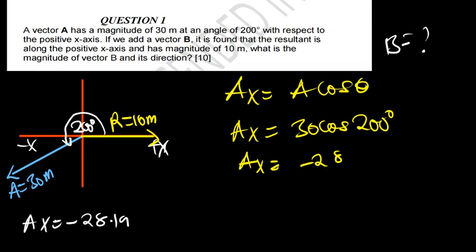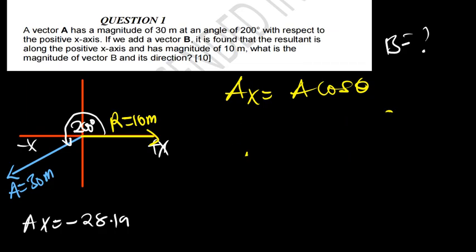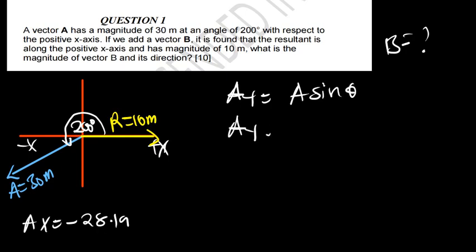For the same vector, we need to find the y component. I'll go ahead and say the y component is supposed to be A, that vector, sine the angle. So Ay will be the vector we're talking about is 30, sine the angle we're talking about is 200.